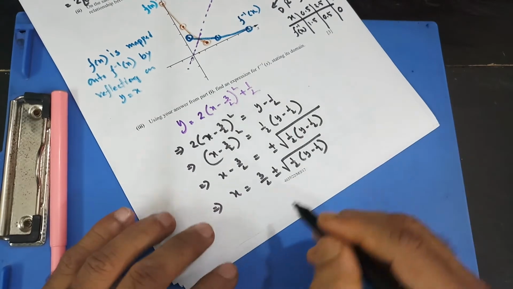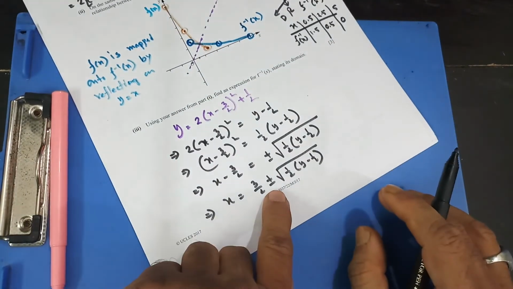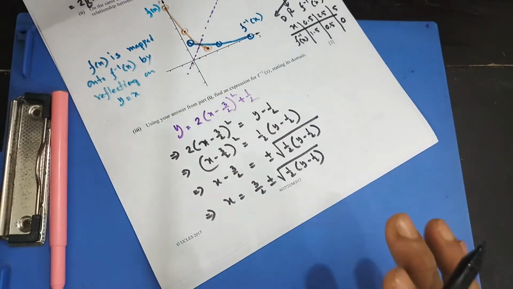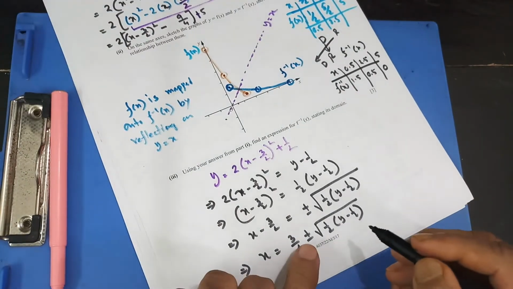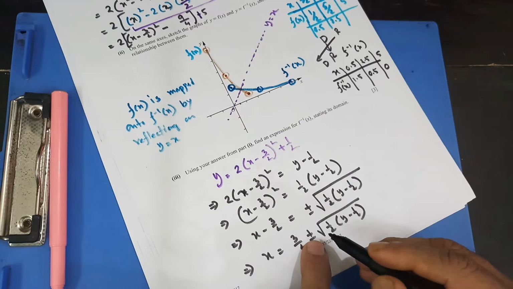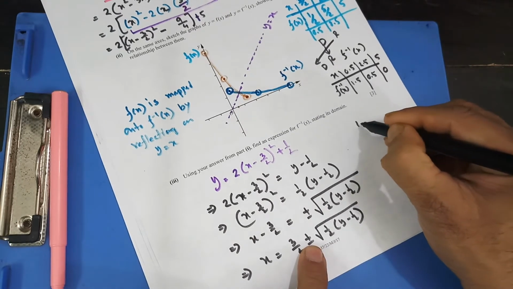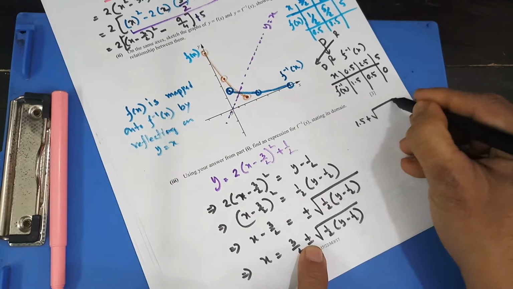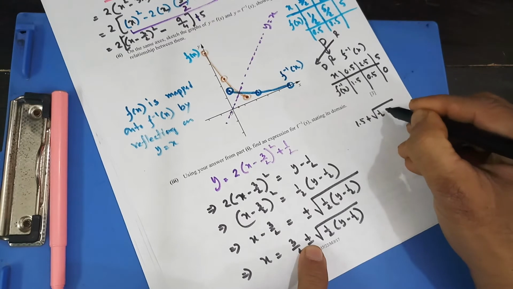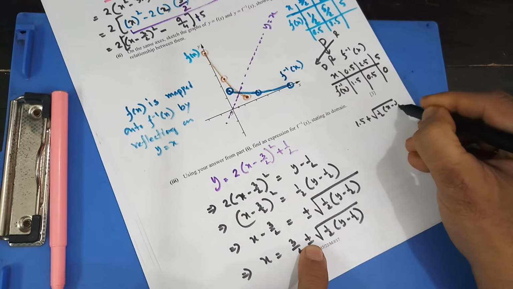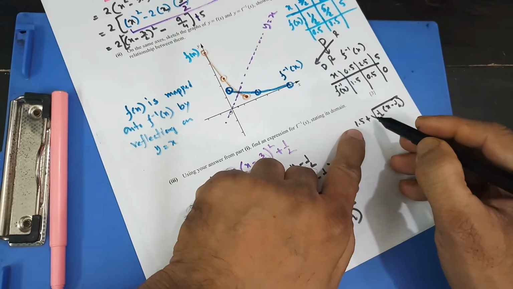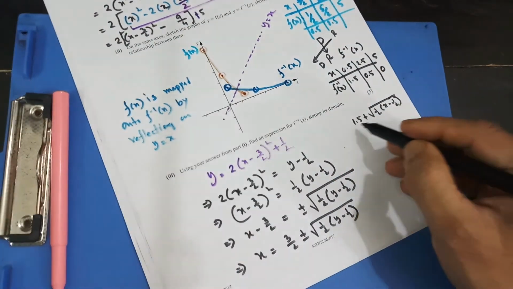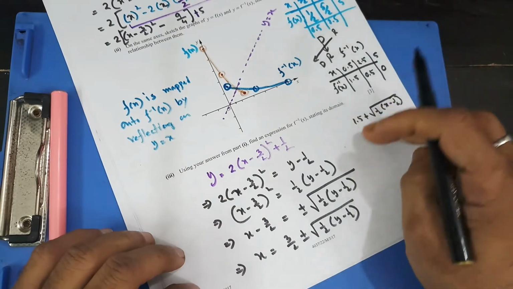Now I cannot take plus minus. I have to take one of the values, either positive or negative. Let's say I take the positive value, 1.5 plus the square root of half x minus half.